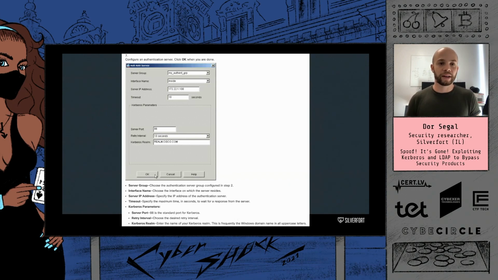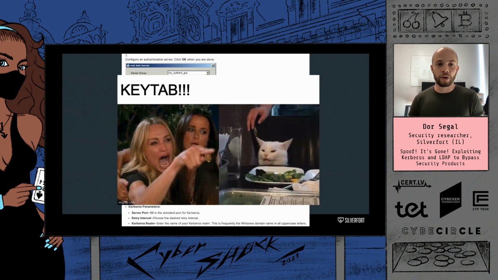Then we went again with one of our customers to the configuration panel of the Cisco ASA. And again, what's missing here, basically? The key tab. There is no key tab for the application to validate the application request it gets from different clients.